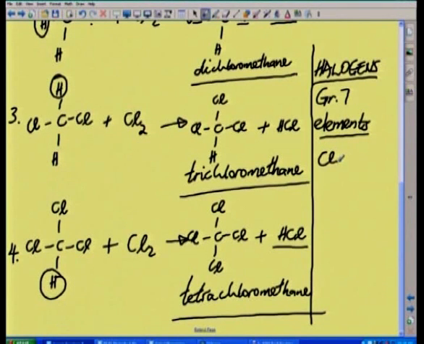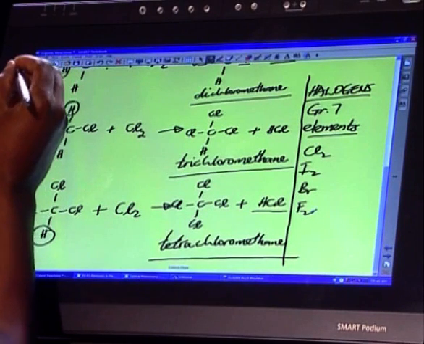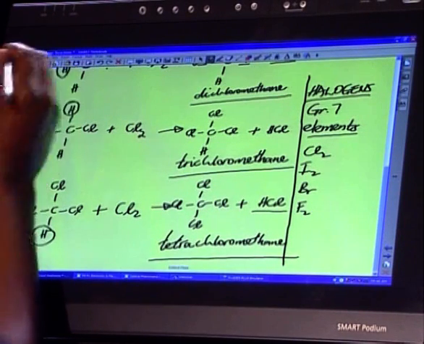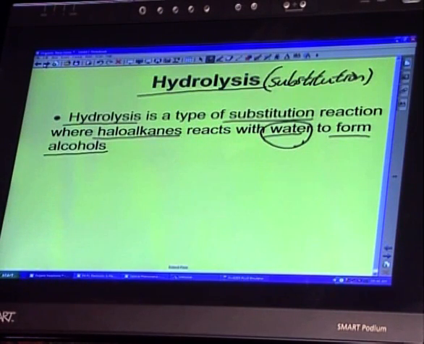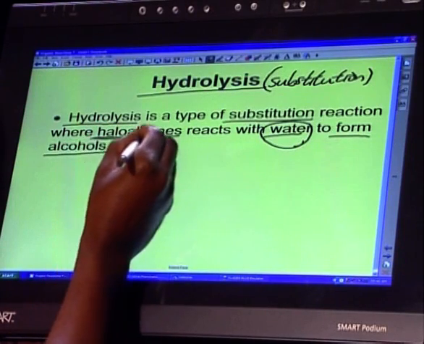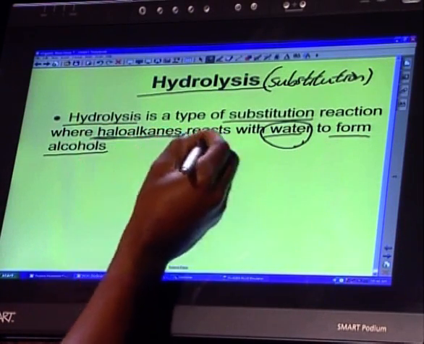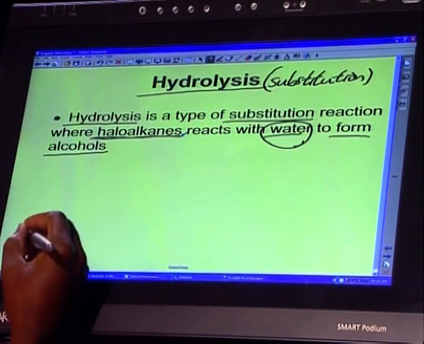We've got chlorine, we've got iodine, we've got bromine, we've got fluorine. These are diatomic molecules of the halogens. So we're talking halo something because those molecules contain the element or atoms of halogen elements. So here, hydrolysis refers to the reaction between haloalkanes with water to form alcohols.